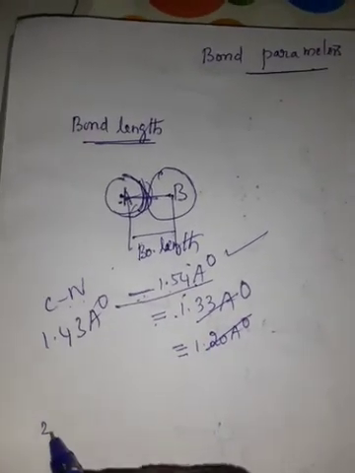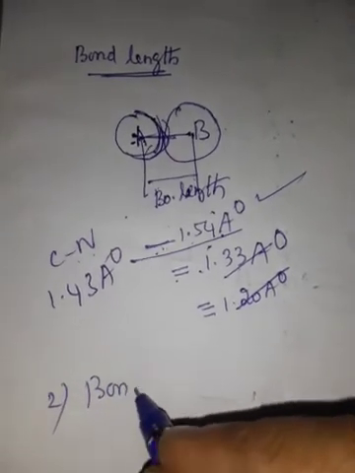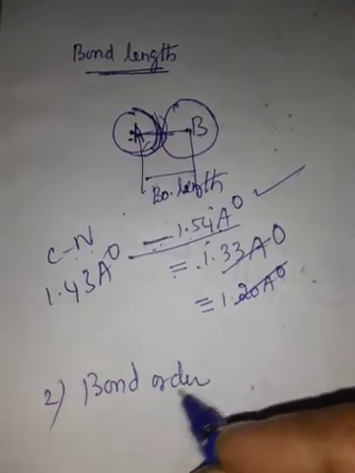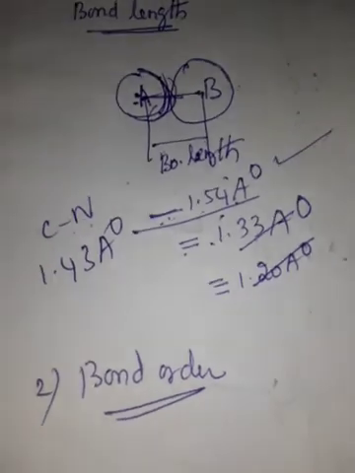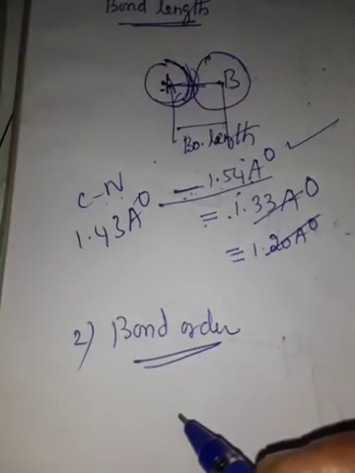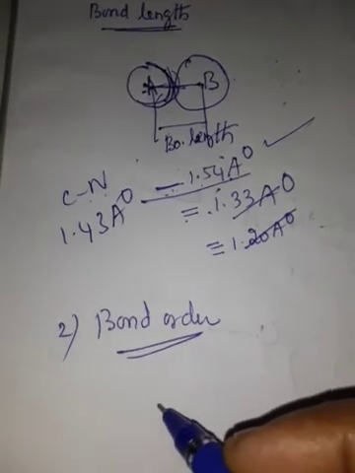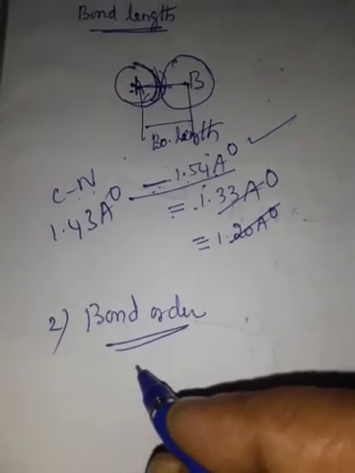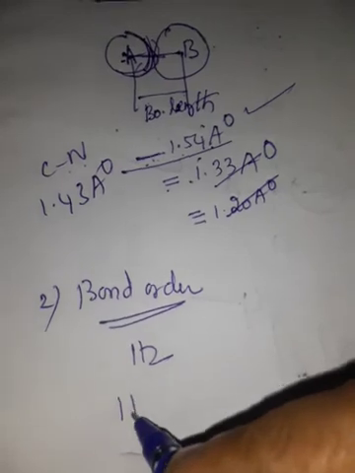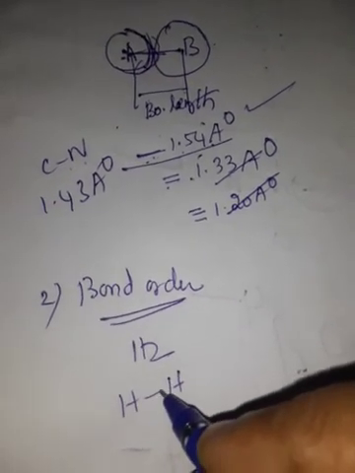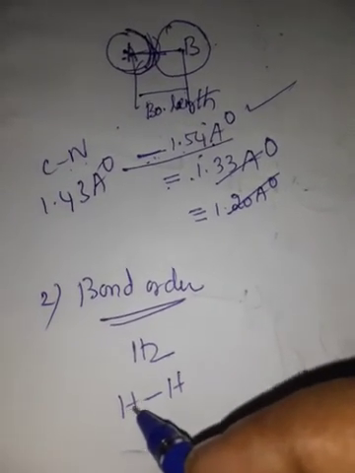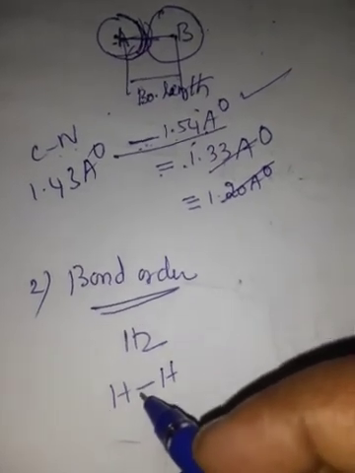Number 2, bond order. What is bond order? The number of bonds formed between the two bonded atoms in a molecule is called bond order. For example, if you take a hydrogen molecule, H2, only one bond is present because according to the Lewis structure, only one pair is shared.